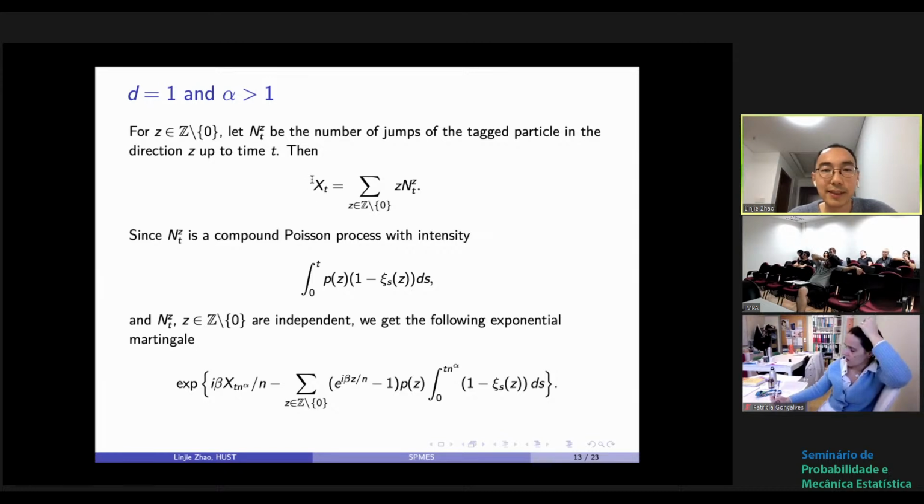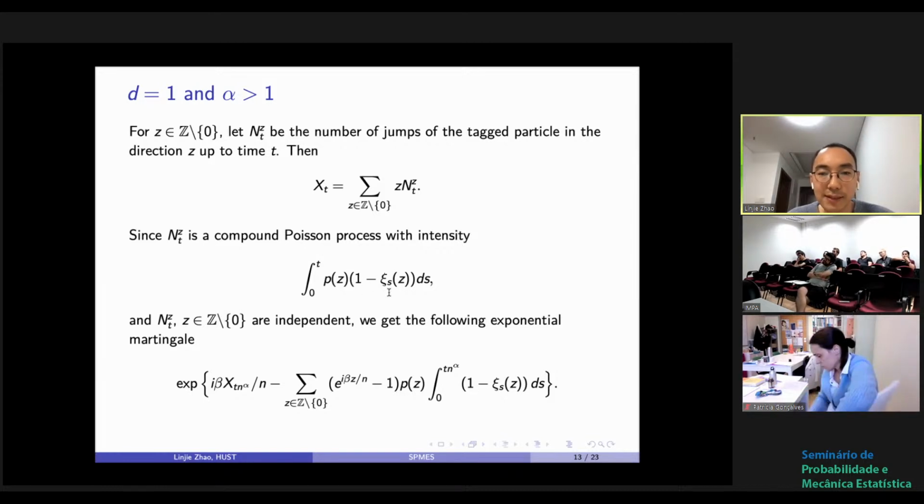So the position of the tagged particle X_t is equal to the sum of z times N_t^z. This is straightforward. And N_t^z is a compound Poisson process with intensity the time integral of p_z times (1 minus η_s(z)).